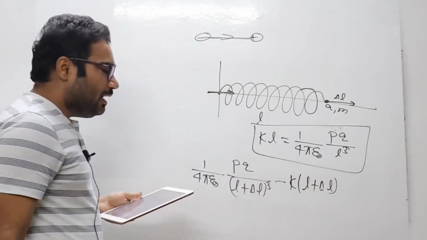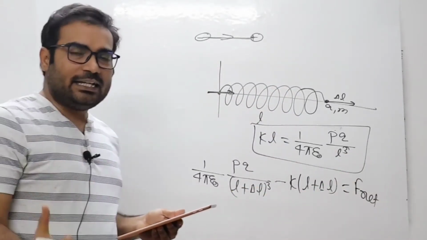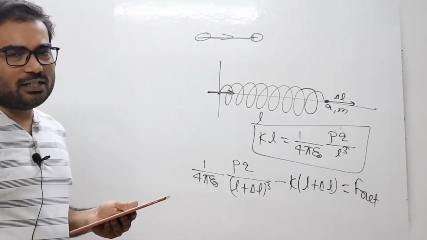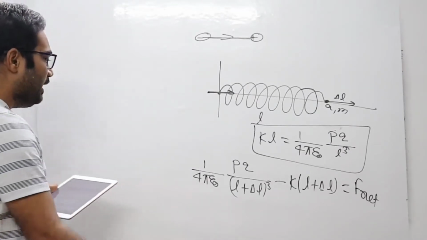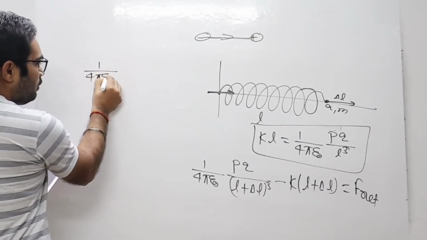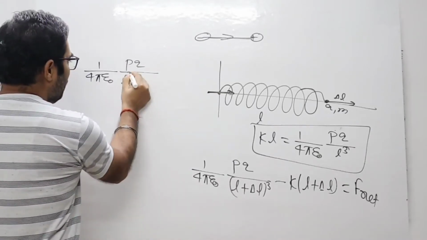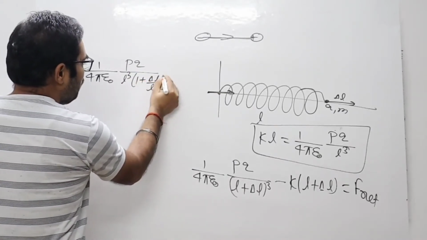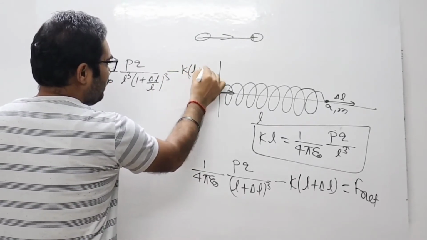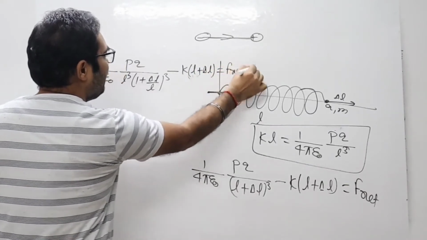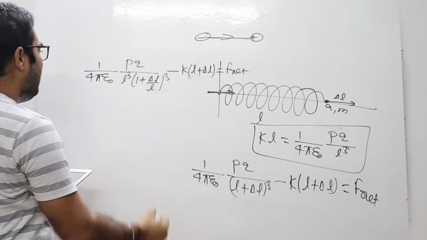If this net force is directly proportional to negative delta L, then you can say this charged particle is performing SHM, and then you can calculate the frequency of oscillation. Taking L common from the term, the net force is 1 by 4 pi epsilon naught p q by L cube into 1 plus delta L by L to the power minus 3, minus K into L plus delta L. Now what is the value of 1 by 4 pi epsilon naught p q by L cube?